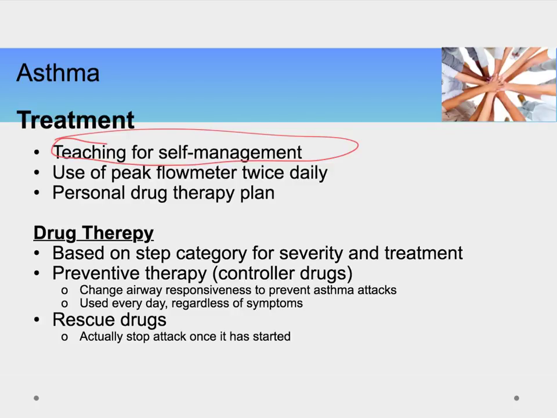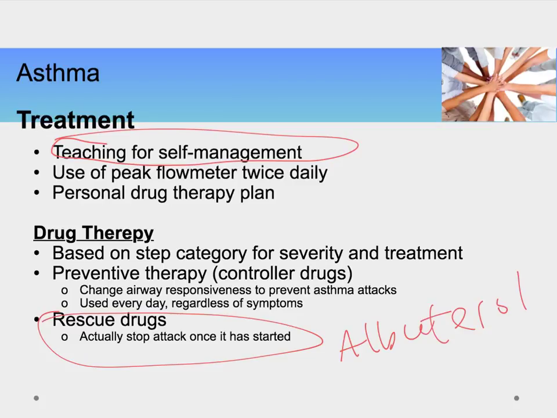Albuterol is a short-acting bronchodilator, and that's typically in this range here of the rescue drugs. Like I said, that is a short-acting bronchodilator. It is known as the rescue drug. We have long-acting bronchodilators that are long-term, so they're more of a maintenance medication as opposed to your rescue drug.